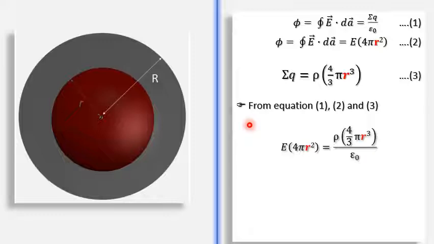Now how many things can we cancel out? 4 pi and 4 pi, and r square and r square. One r will be left on the right side, and this is what we have. So we are left with 3, 1 r, and of course epsilon 0 with rho, and this is the electric field at r distance inside the spherical cloud of charge.